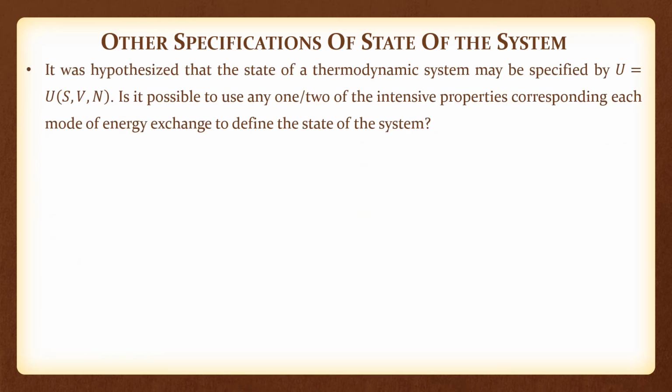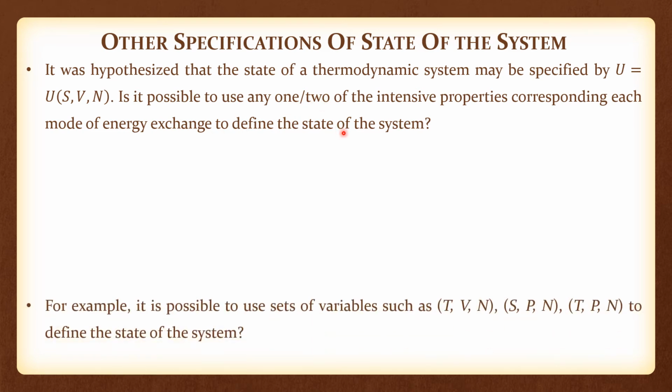So, this was the hypothesis starting point: the macroscopic state of a thermodynamic system may be defined or specified by U as a function of S, V, and N. So now we ask this question: is it possible to use any one or two of the intensive properties corresponding to each mode of energy exchange to define the state of the system?